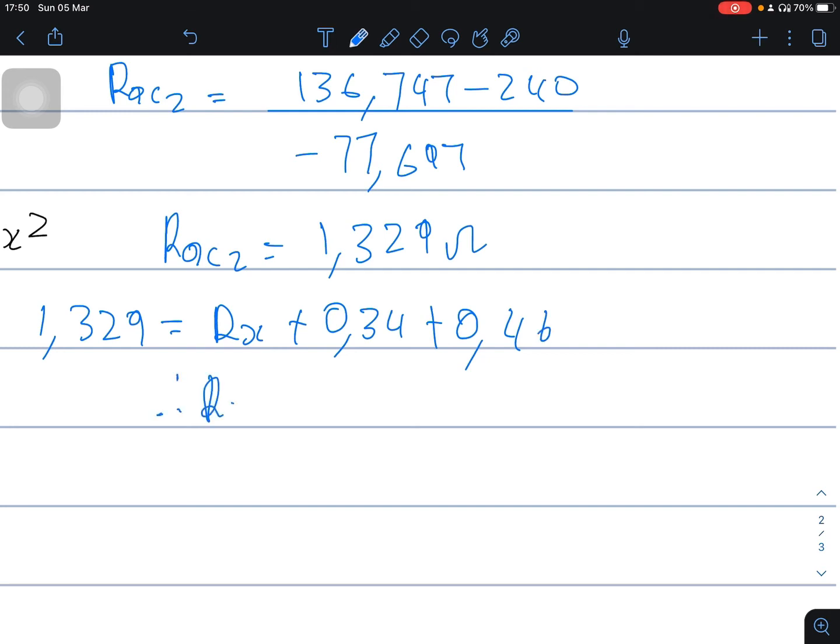Therefore Rx is equal to 1,329 minus 0.34 minus 0.46.